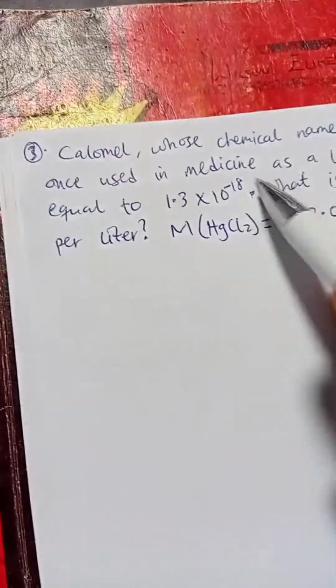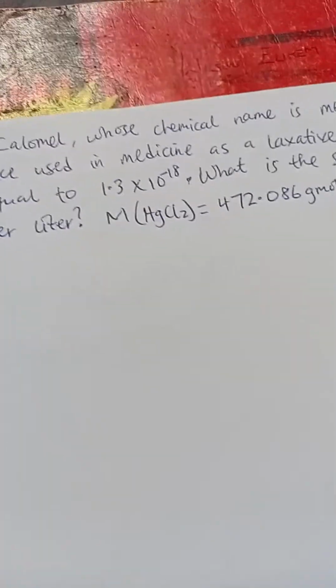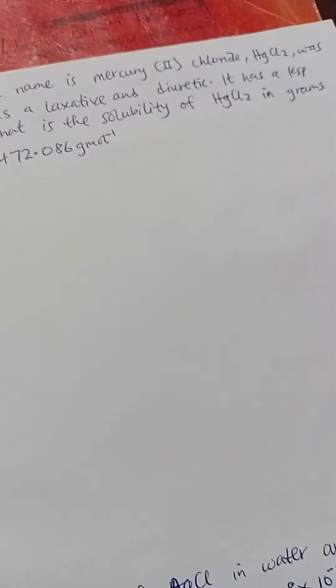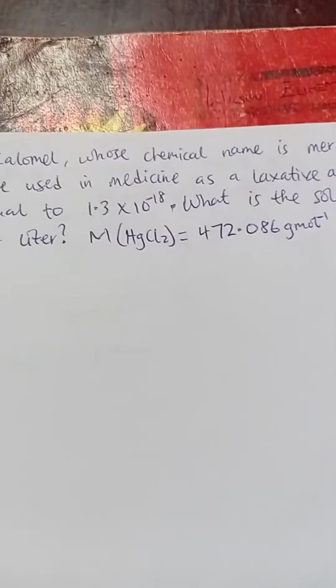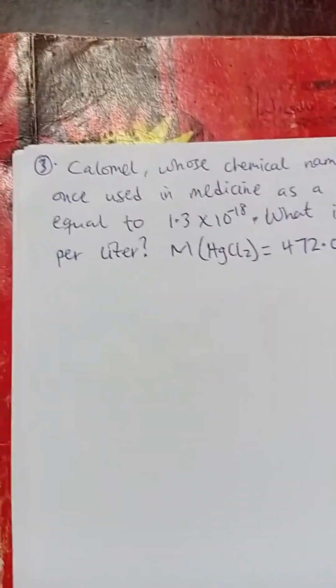So calomel, whose chemical name is mercury 2 chloride, was once used in medicine as a laxative and diuretic. It has a KSP equal to 1.3 by 10 to the power minus 18. What is the solubility of HgCl2 in grams per liter? So now we are asked to calculate the solubility in grams per liter.